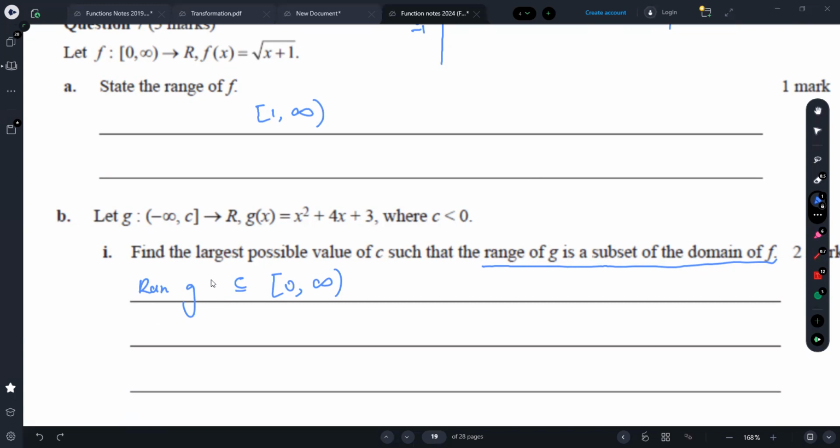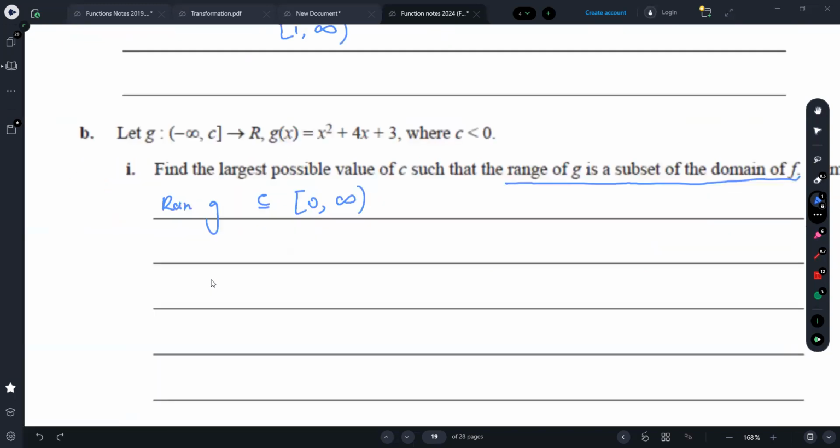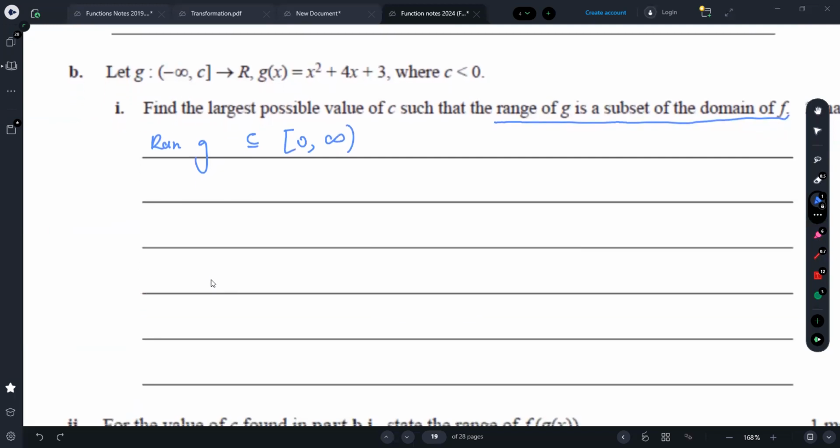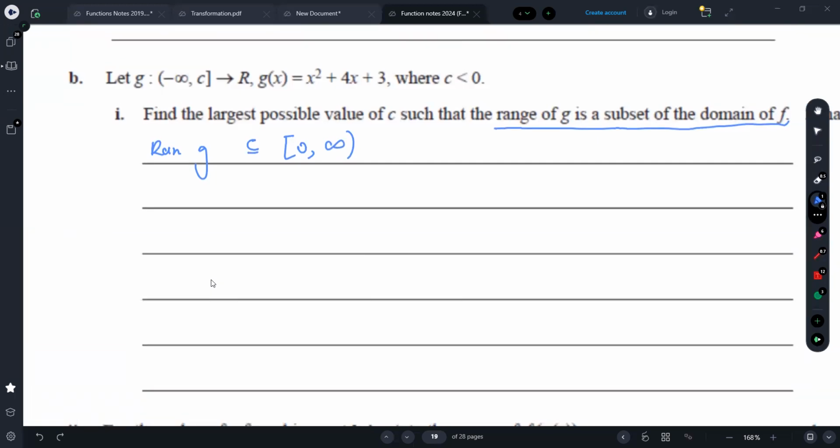Yeah, makes sense, right? Okay, let's sketch a graph to see what we're dealing with, so we can evaluate what kind of value we're going to keep. Do you know how to sketch this graph? Parabola. Yep, parabola.